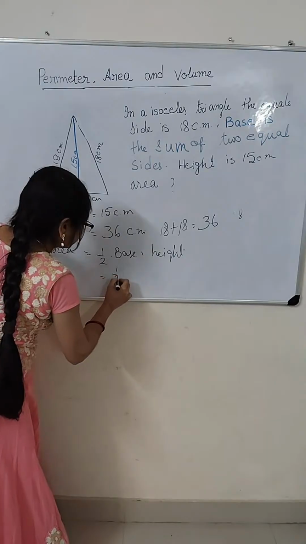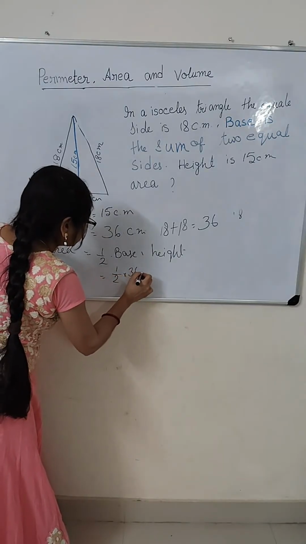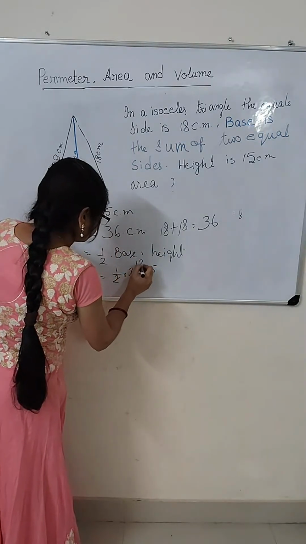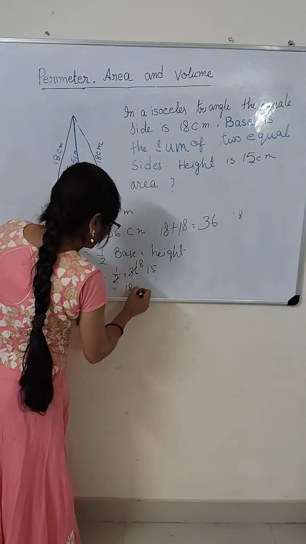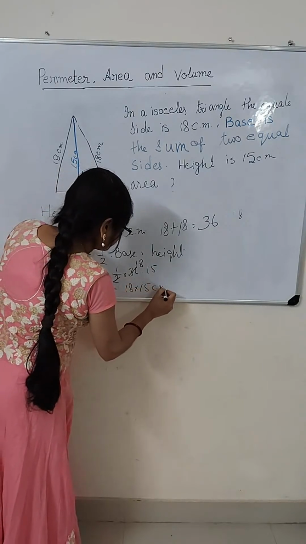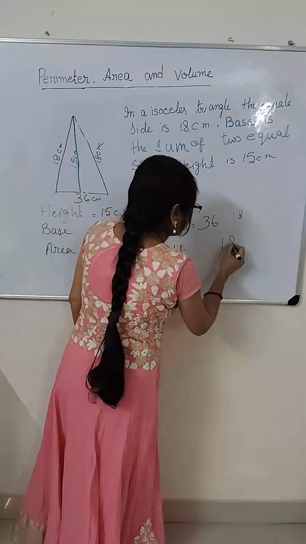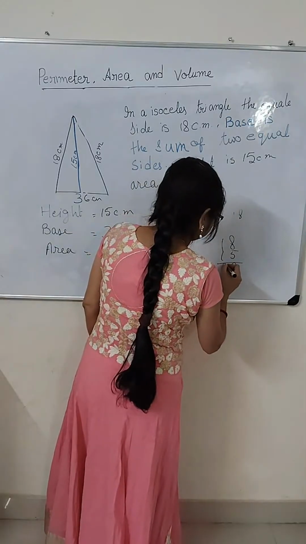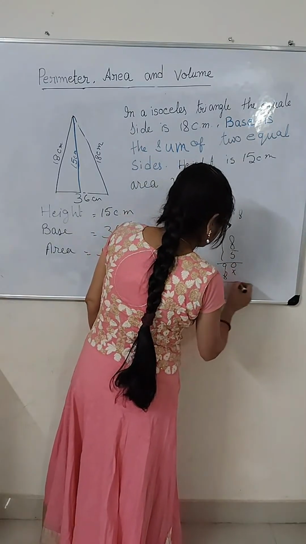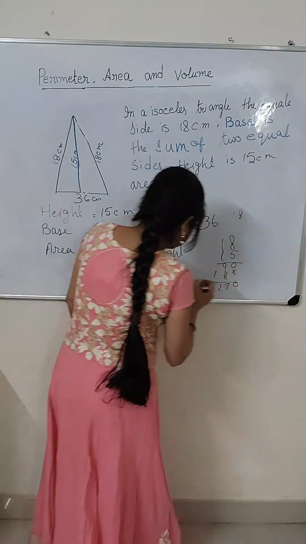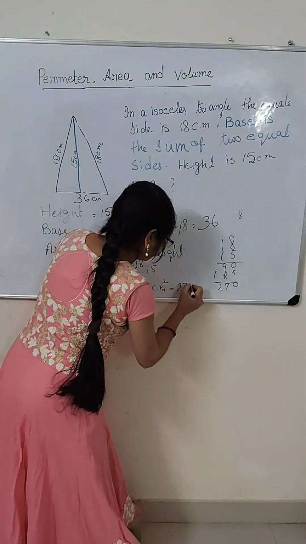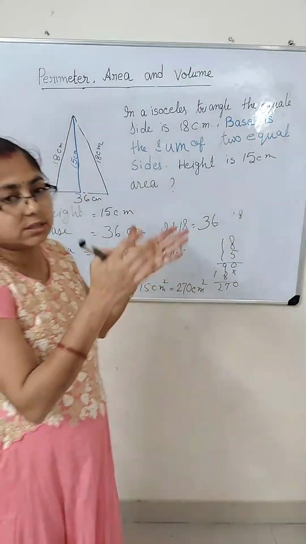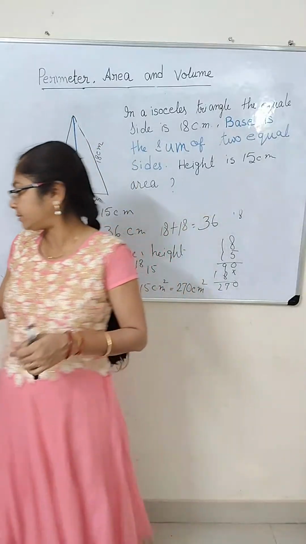Half into 36 into 15 means 18. So 18 into 15 centimeter square. You find out the calculation. 18 into 15. 270 centimeters square.